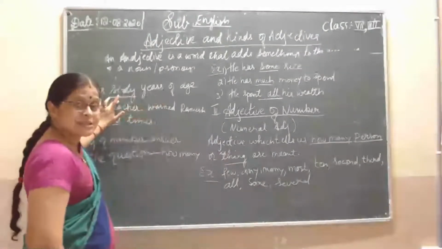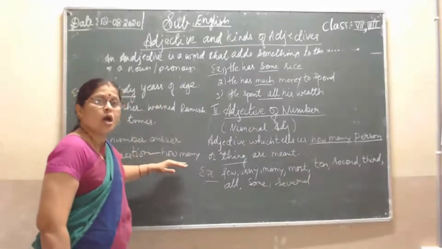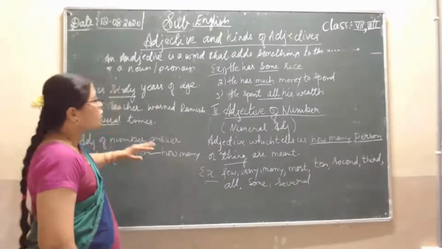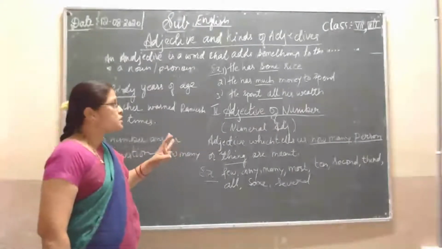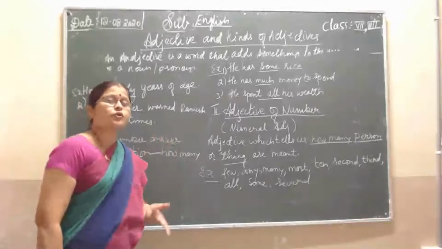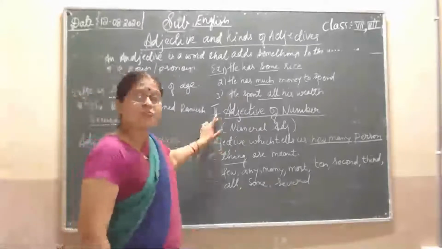That answer is 60. So always this adjective of number gives the answers for how many. These are all what we have learned today, the kinds of adjectives: the first three, adjective of quality, adjective of quantity, then the adjective of number.